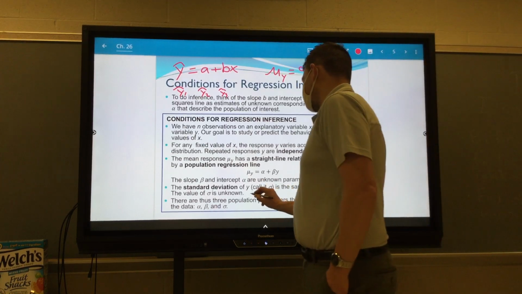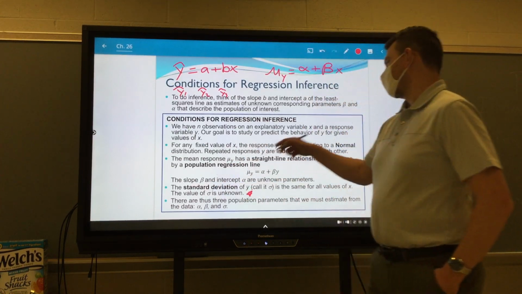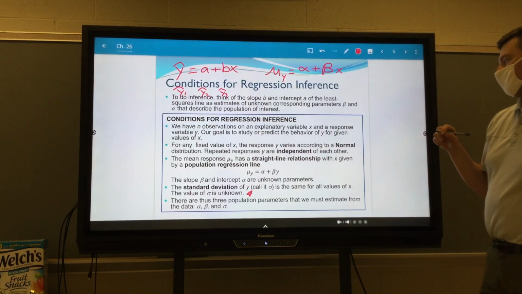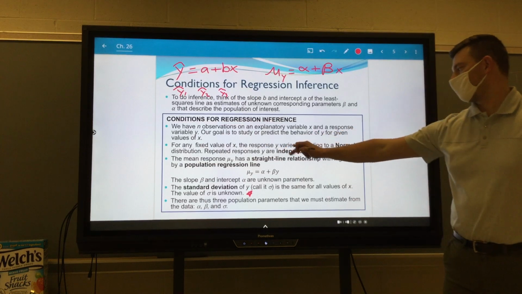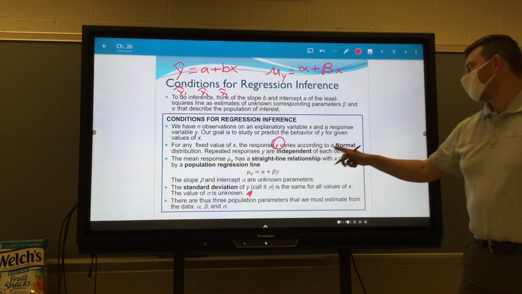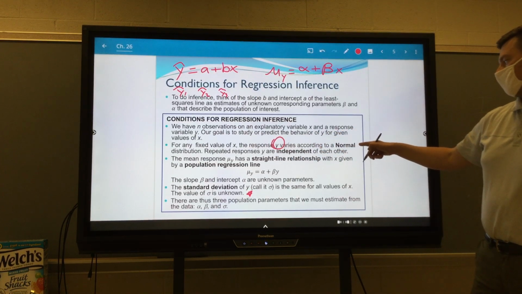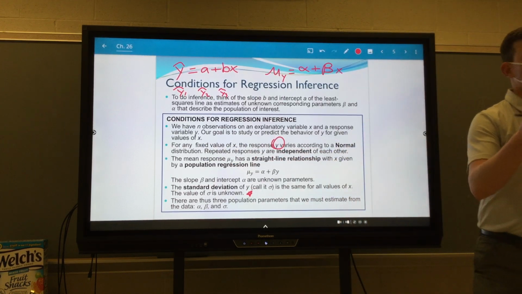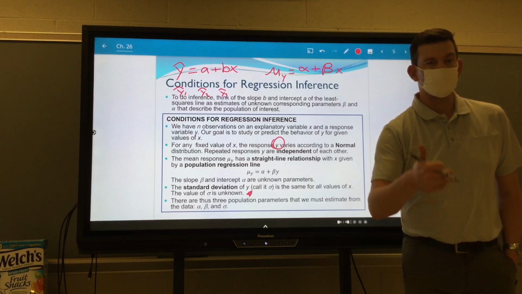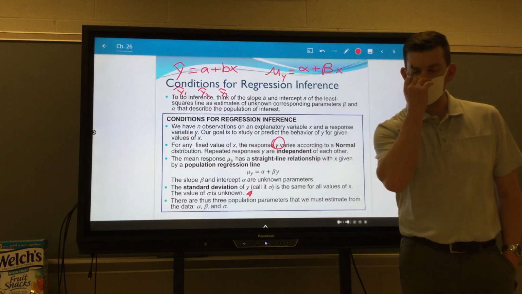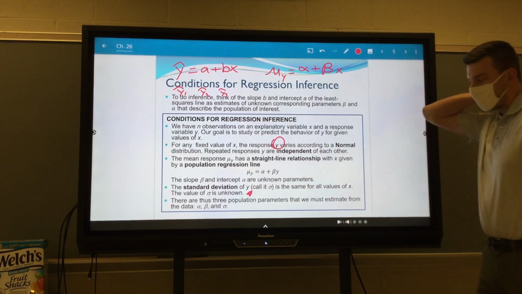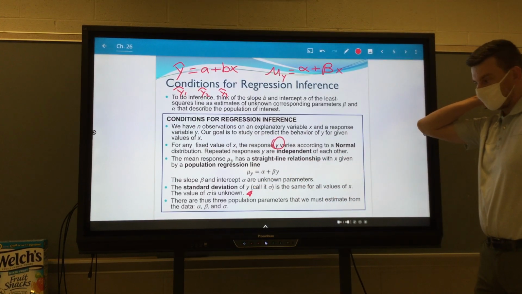We have one more measure right here. We said that the distribution of these response variables y falls on a normal distribution. Now, if it's normally distributed, there's a standard deviation that goes along with that. The standard deviation of y, we're going to call it sigma.